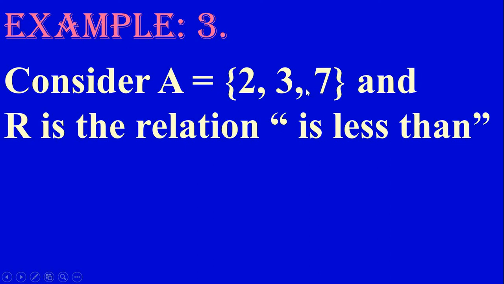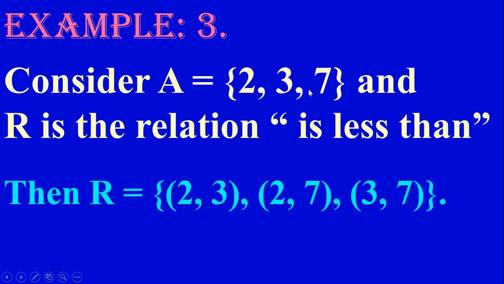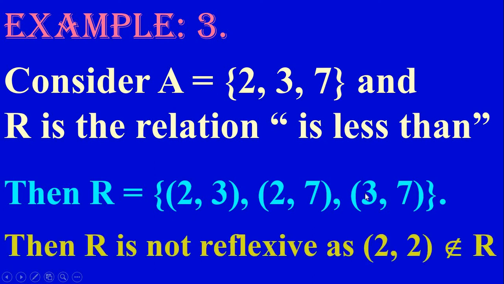So therefore the ordered pairs are (2,3), (2,7) and (3,7). Now this relation is not reflexive since (2,2) is not there, (3,3) is not there and (7,7) is also not there. So no need to verify all numbers. If any one ordered pair is not there, then it is not reflexive.